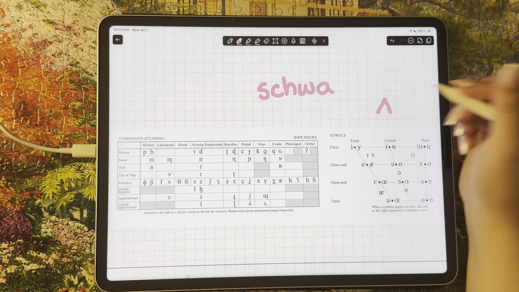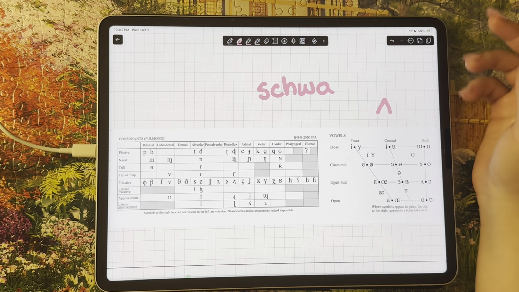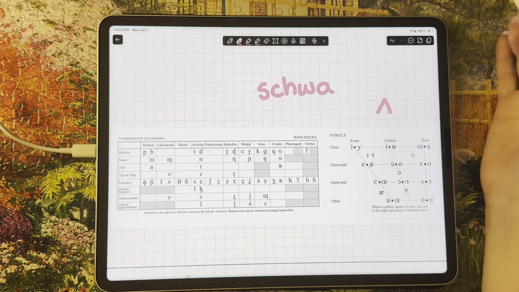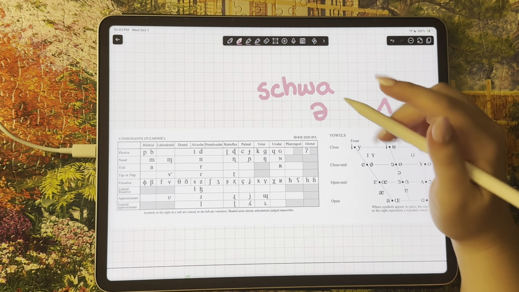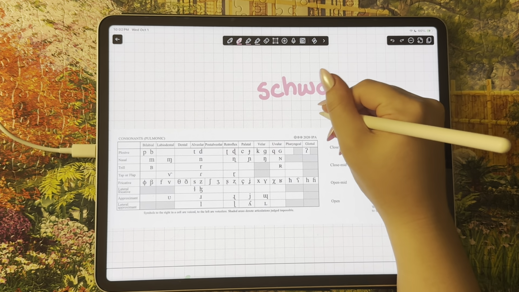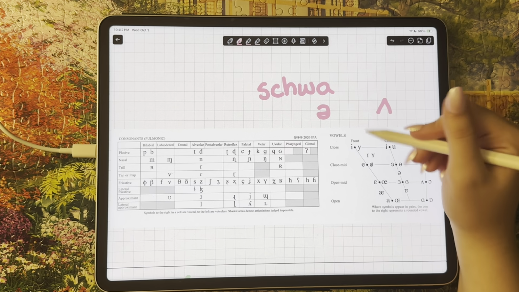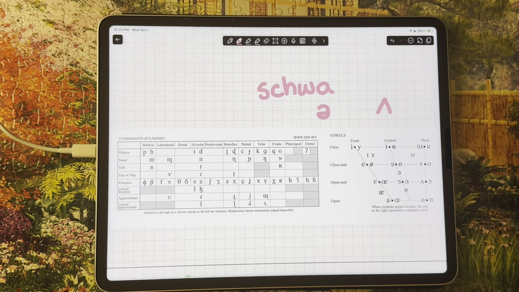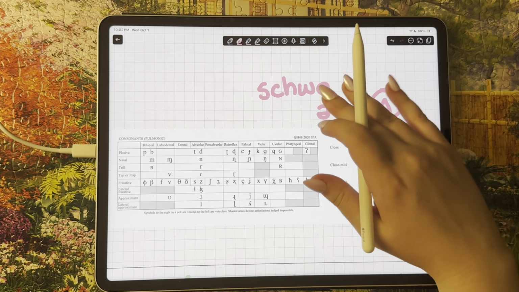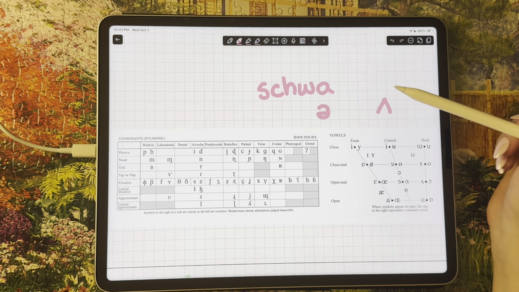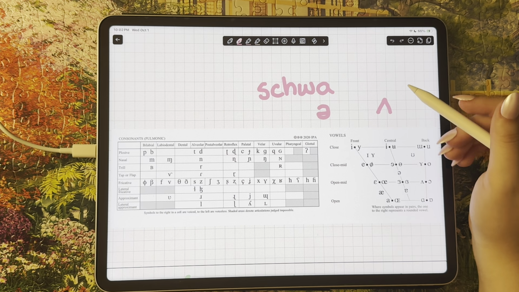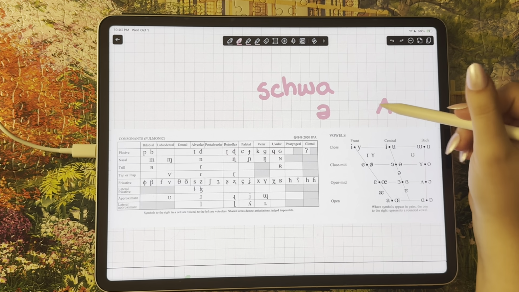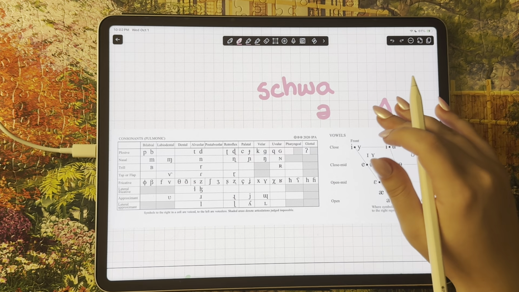It's written like this because there are two different symbols. There's schwa, which is written like this. Sorry, bad handwriting. And then when it's stressed and you have the emphasis on that syllable, it's written as a caret. So like under or above. I think in the word above, we have both a caret and a schwa.